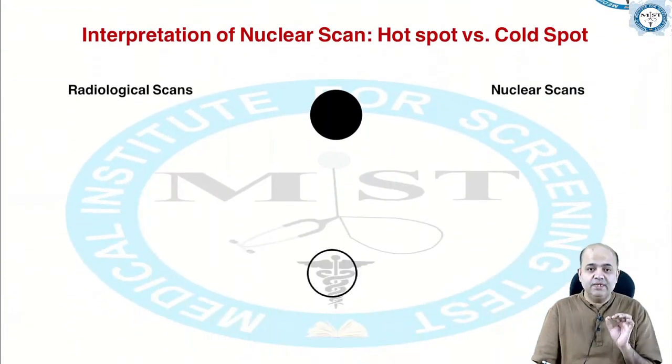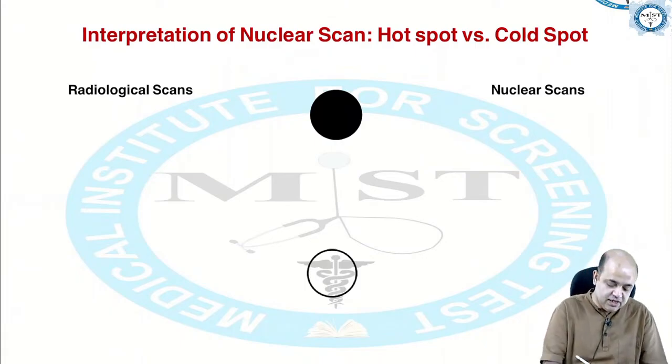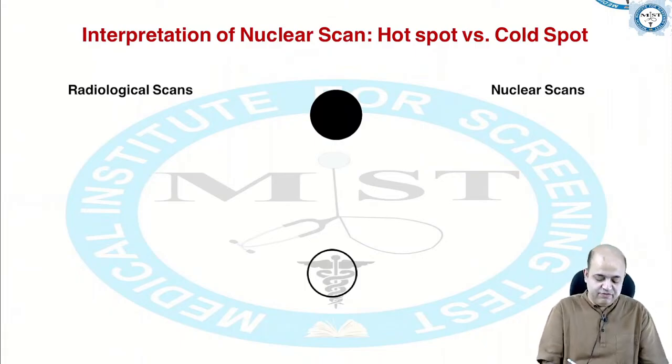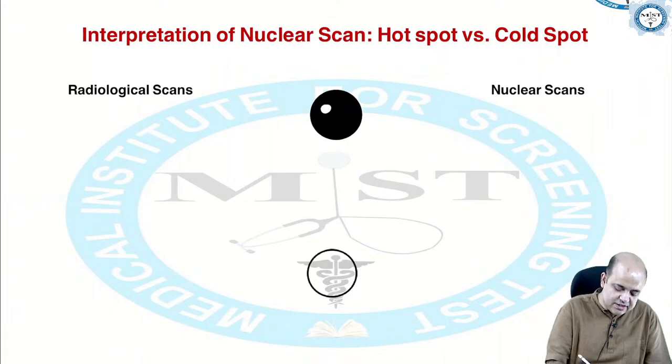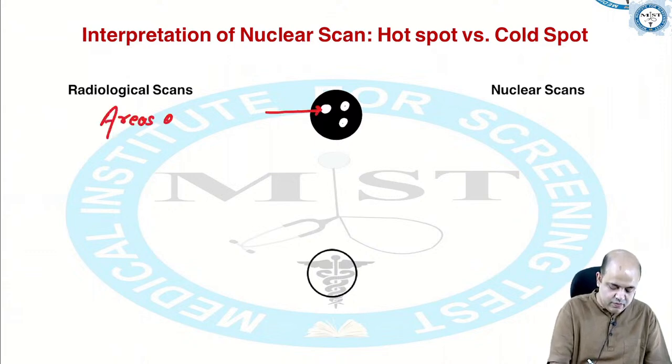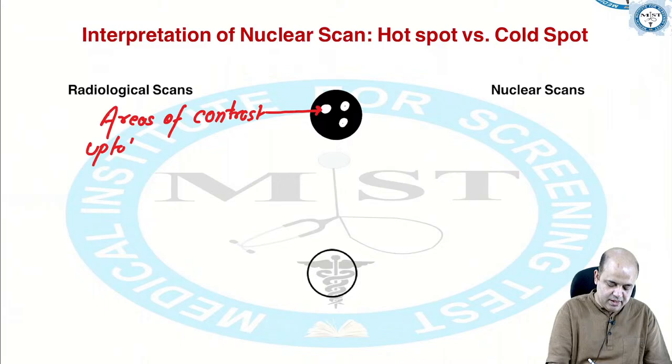In the nuclear scans, this is exactly opposite of the radiological scans. In the radiological scan, areas of contrast uptake in CT and MRI appear as white.